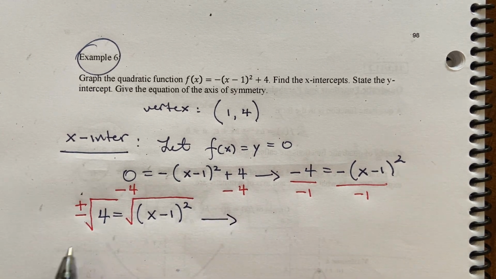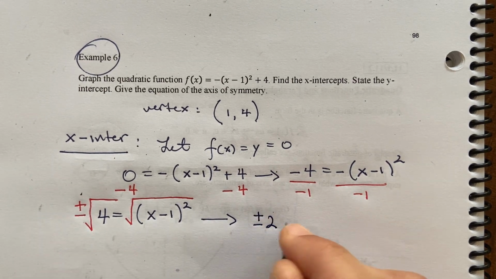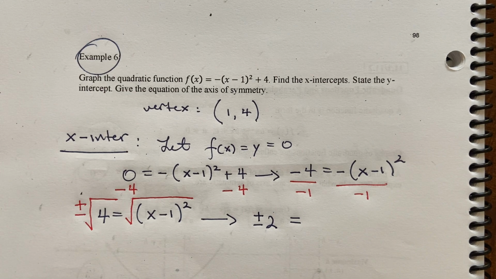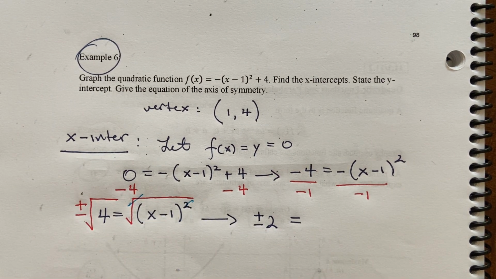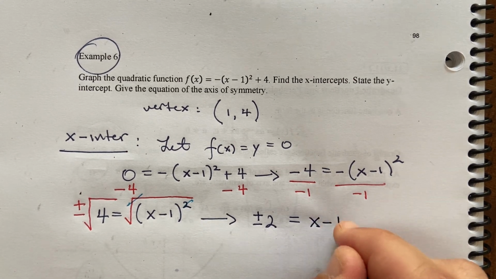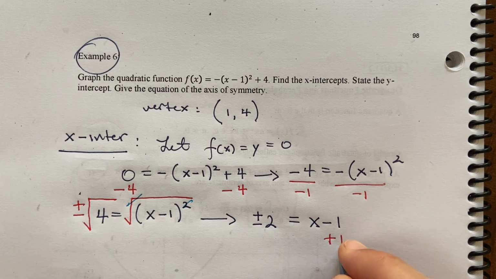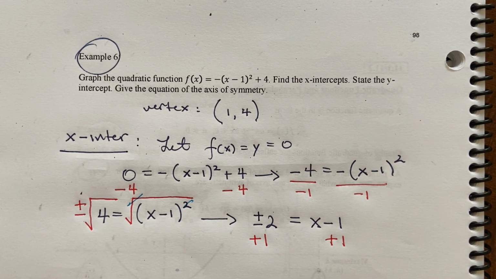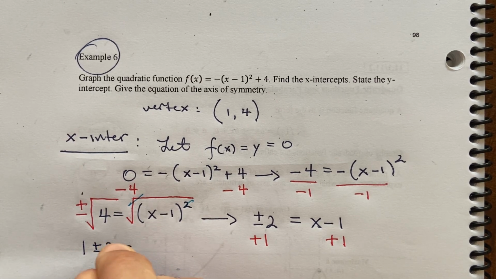So plus and minus the square root of 4 means plus and minus 2 equals, on the right these things cancel, and we just have x minus 1 left over. Then add 1. So I'm getting 1 plus and minus 2 equals x.